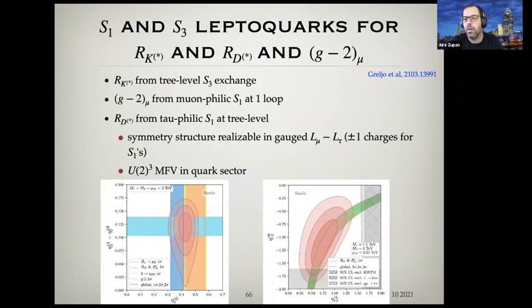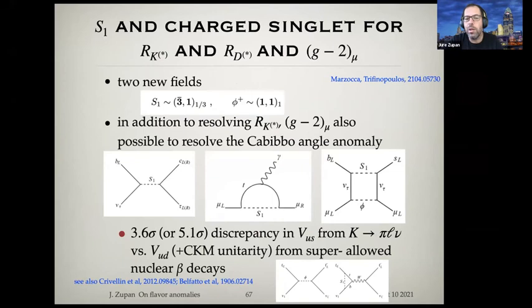So one thing that you can think of is you just take two leptoquarks, so two leptoquarks would explain three anomalies. A more minimal thing is, for instance, this paper by Marzocca and Trifinopoulos, where you can take an S1 leptoquark and a charged singlet.